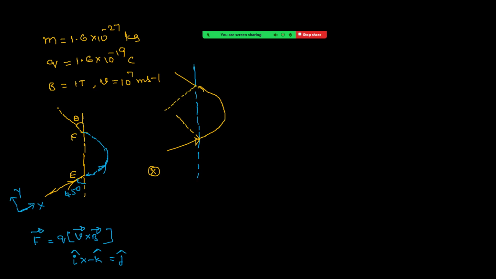The point of intersection of these normals gives the center of that circle, okay, because velocity is always along the tangent. Now focus carefully here. Let me draw here one normal to this boundary. It is given that this angle is 45.